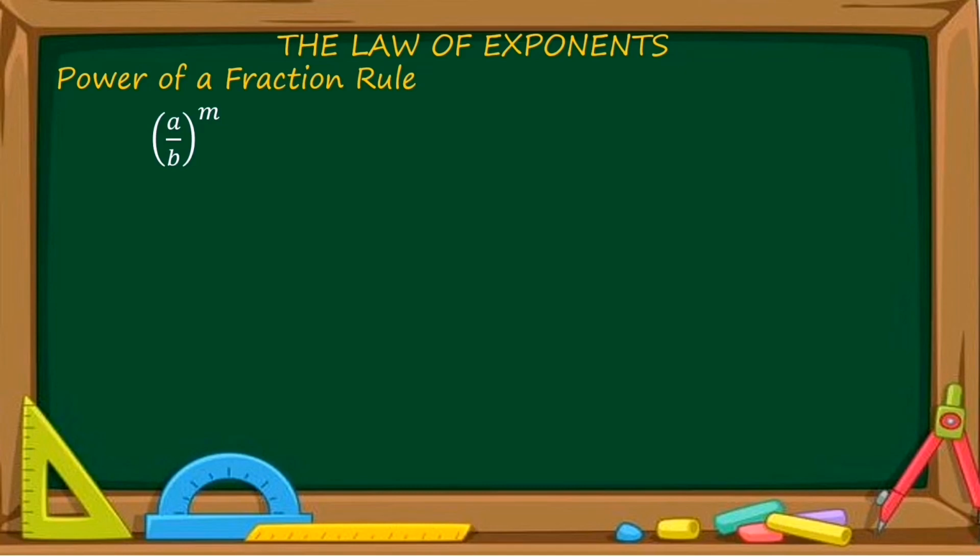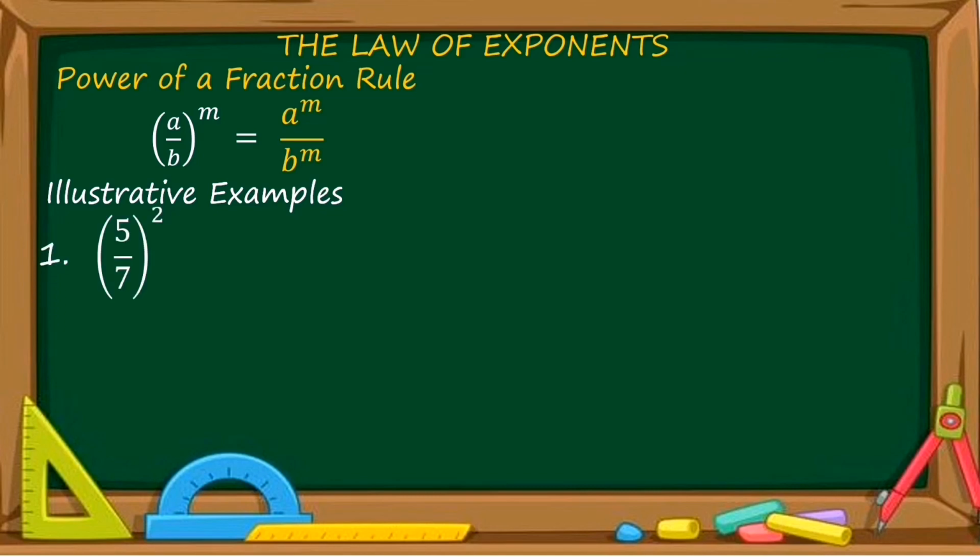The quantity a over b, raised to m, is equal to a raised to m over b raised to m. Illustrative examples. Number 1, the quantity 5 over 7, raised to 2. Applying the rule, it is equal to 5 raised to 2 over 7 raised to 2.